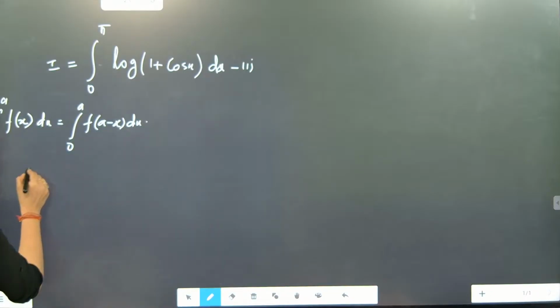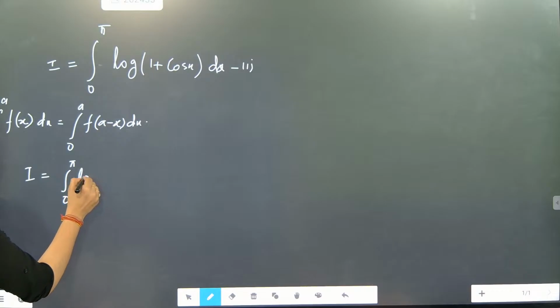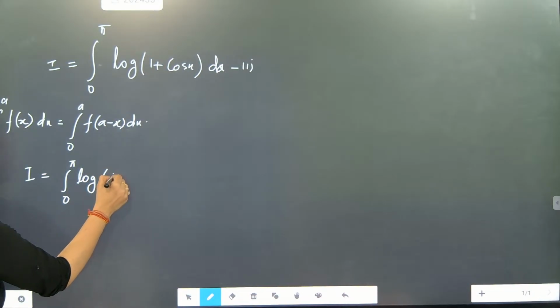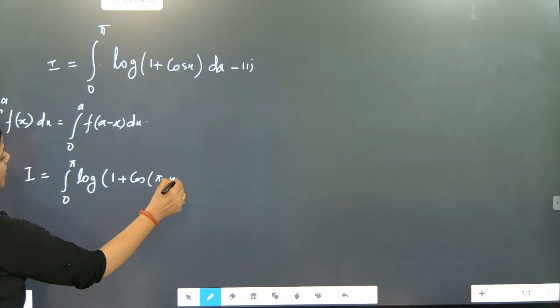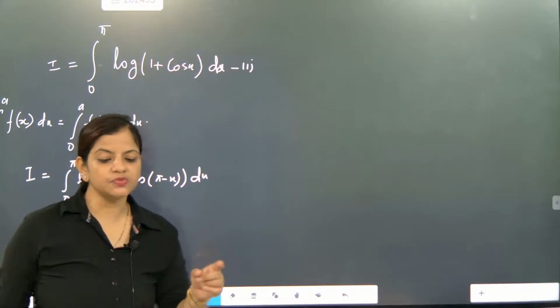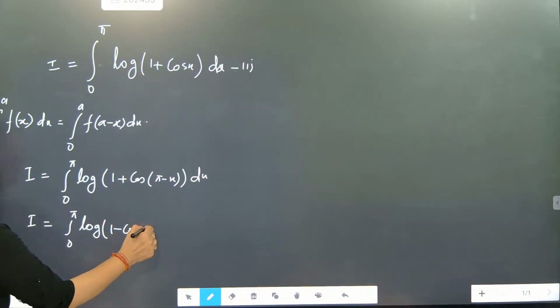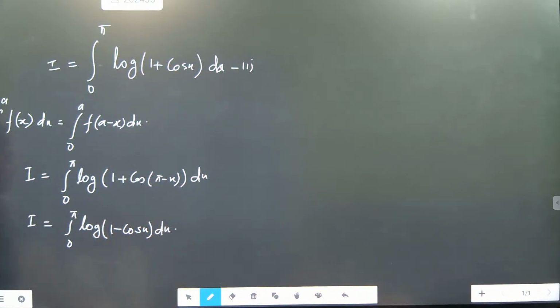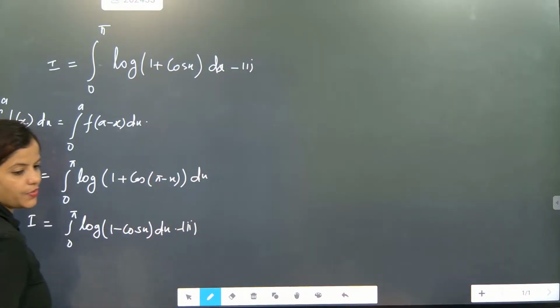After using this property, it will become I equals integral 0 to pi log of 1 plus cos of pi minus x dx. Now look here, cos of pi minus x means which quadrant? Second quadrant. Cos is negative in the second quadrant. So I is equal to integral 0 to pi log of 1 minus cos x dx. Done. Now equation 1 and equation 2. Add equation 1 and 2.